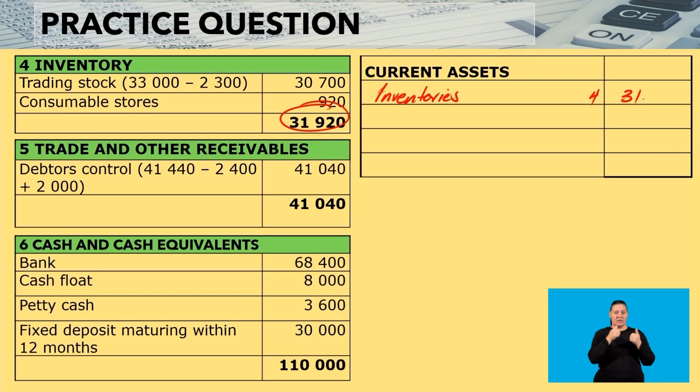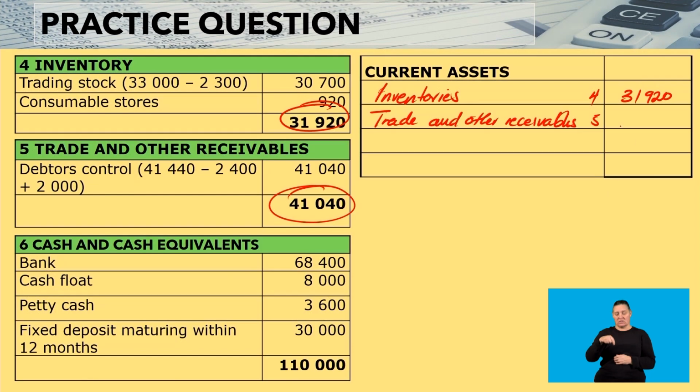The next one is my trade and other receivables, which is note number 5, and I have 41,040.